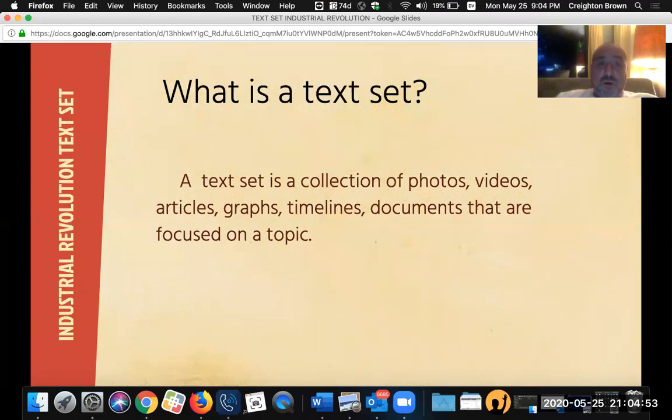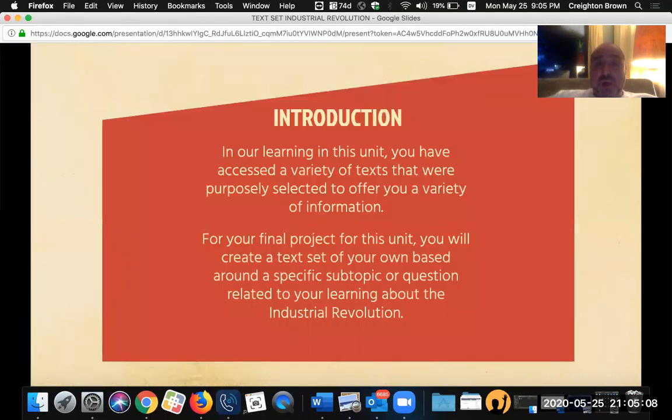So what you're going to develop is a teaching tool to teach about a topic that you're interested in when it comes to the Industrial Revolution and this topic we've been studying. And now it's your chance to put this together, and I'll show you how.